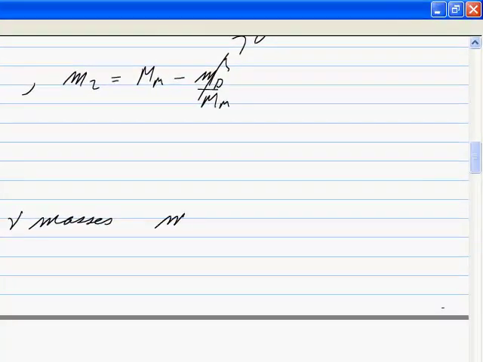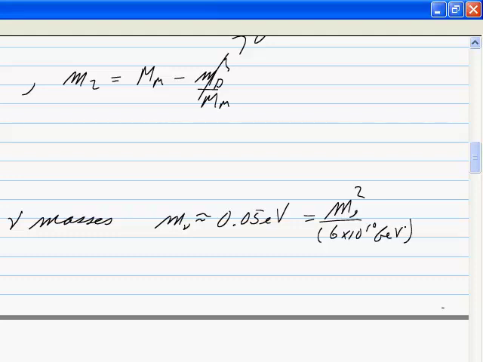So if you have neutrinos, they tend to be about something like 0.05 electron volts. If that's M_E squared, that's the Dirac mass, over, it turns out to be 6 times 10 to the 10 GeV.